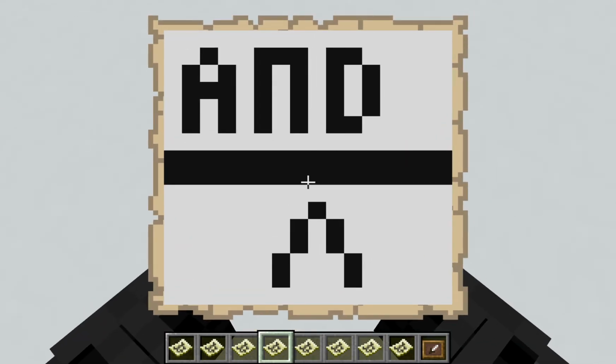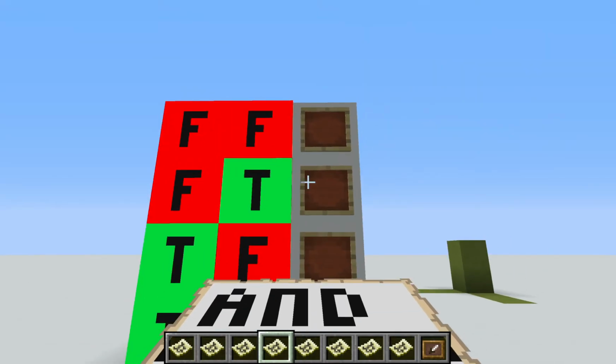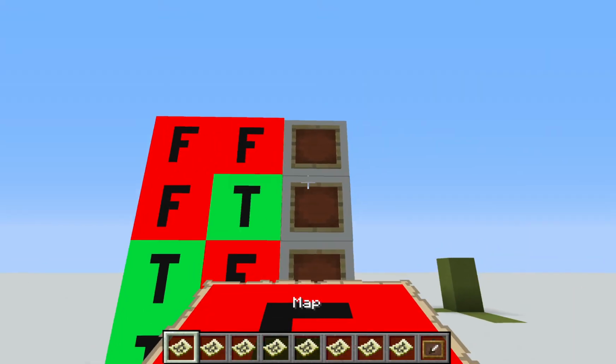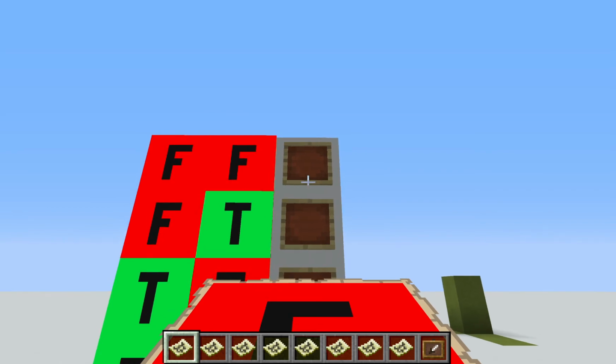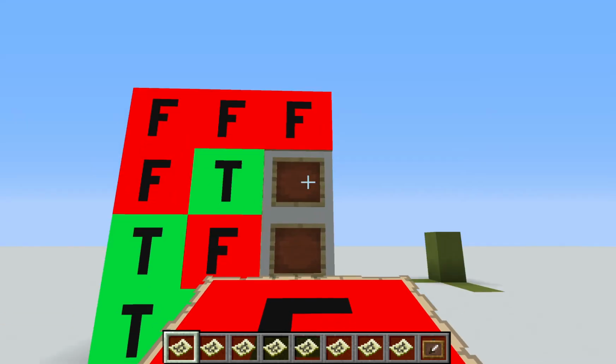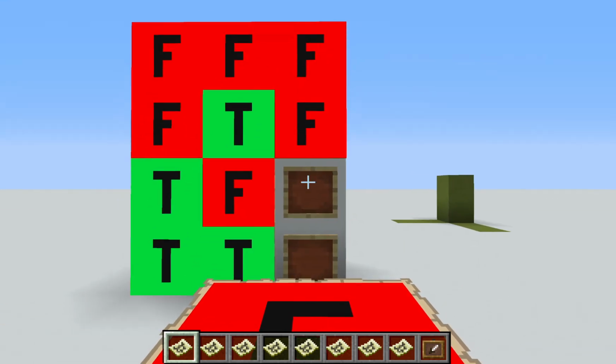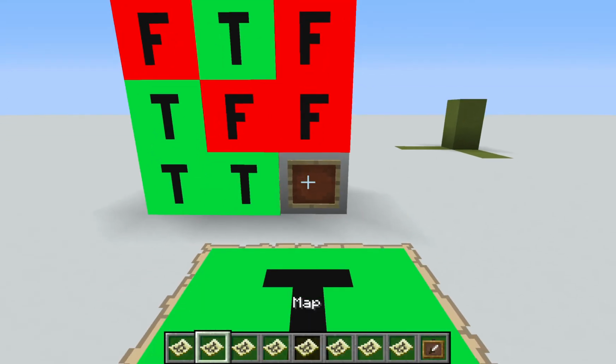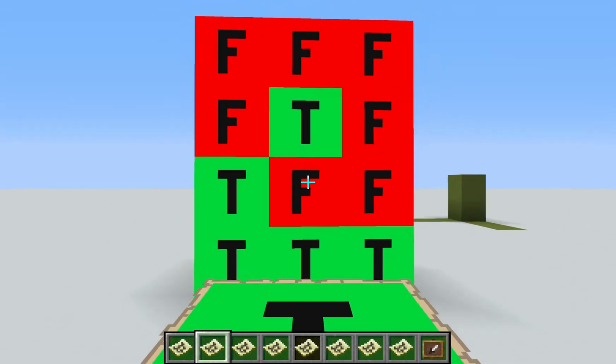It's also known as wedge. You'll see some people put it as a dot, and some people put it as other things, but I have chosen to use the most simple. So we had false and false is false, false and true is false, true and false is false, true and true is true.